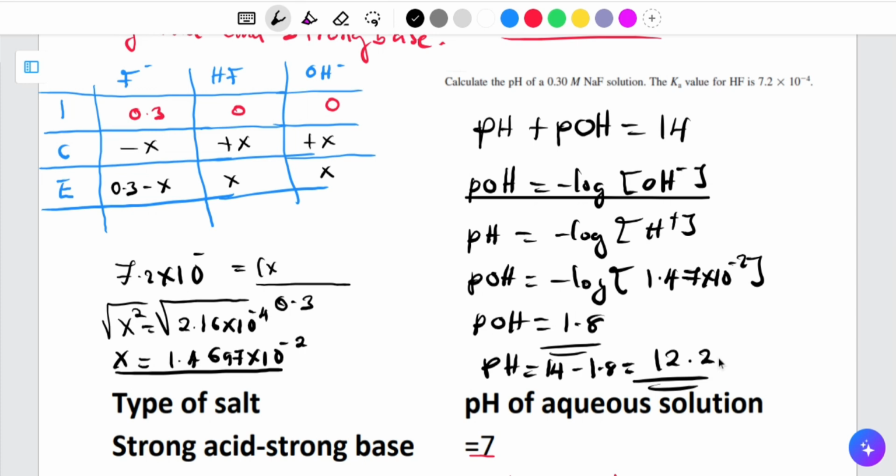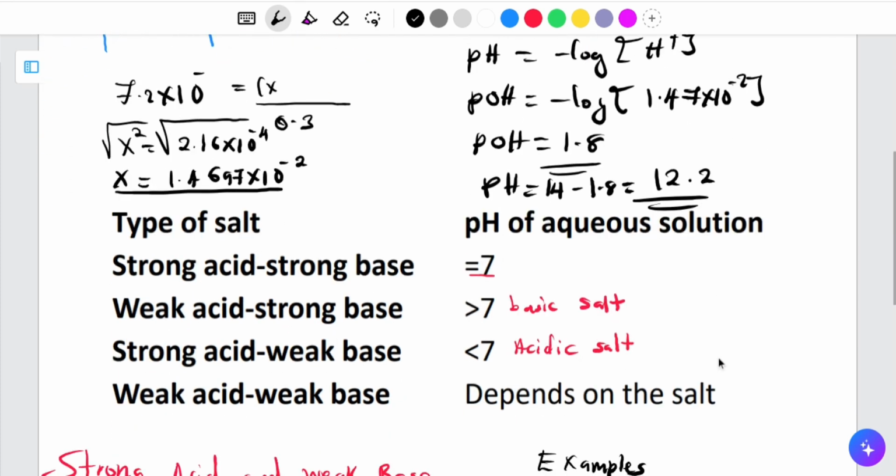But one thing that you need to know here is that we have also this part of identifying a salt, if it is an acidic salt, a basic salt, or a neutral salt. So when the reaction is between a strong acid and a strong base, the pH is 7, meaning to say you're going to have a neutral salt.